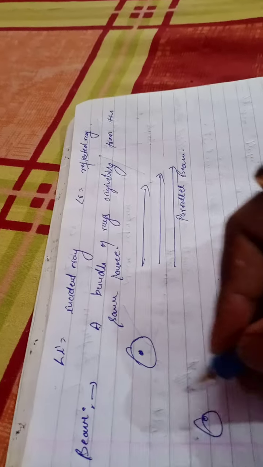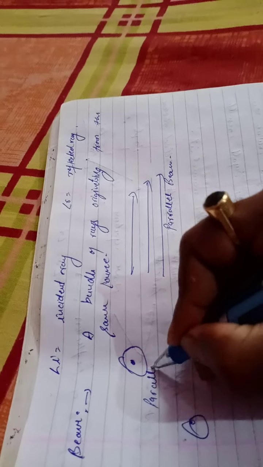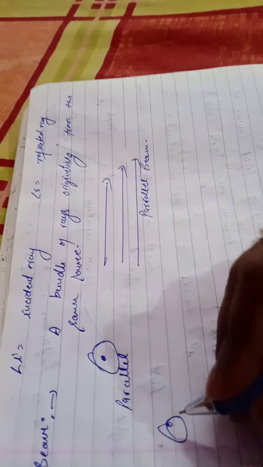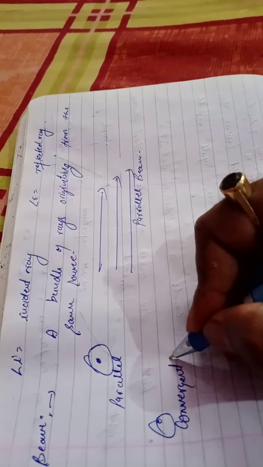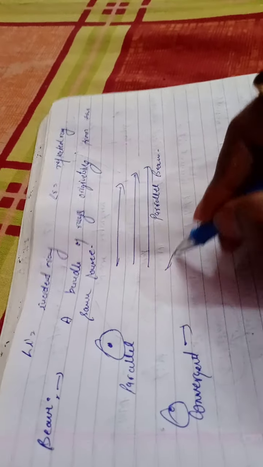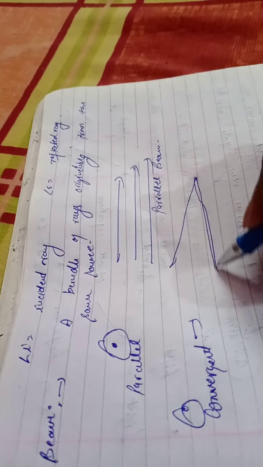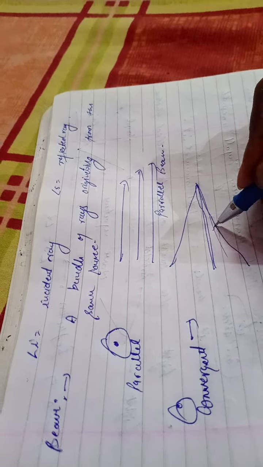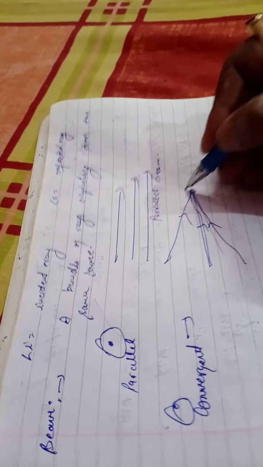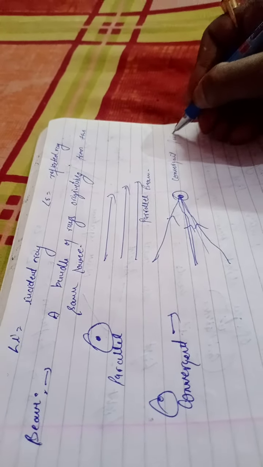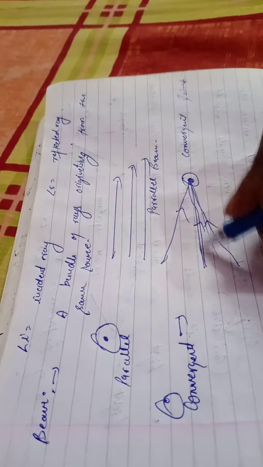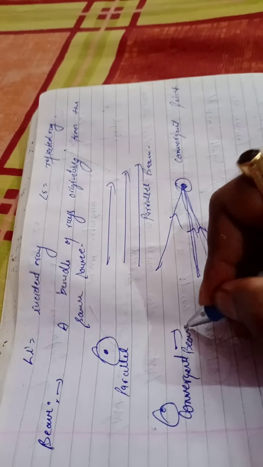Okay, beams can also be divided into various types. First, the parallel beam. Second, the convergent beam. What is a convergent beam? When a beam appears to meet at a point, for example this one and this one, this point is called the convergent point, and this beam is called a convergent beam.